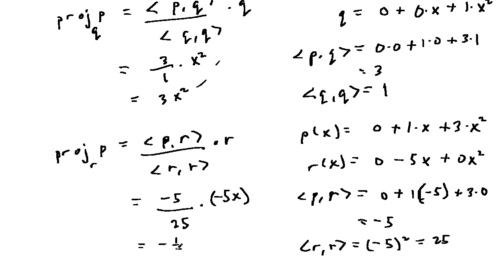Simplifying a little bit, we get x. So the projection of P onto R, when we take P of x and project it onto R, we get just x. In other words, when we smash this polynomial P of x down to R of x, we just get x.